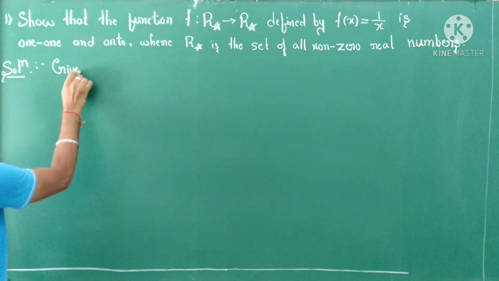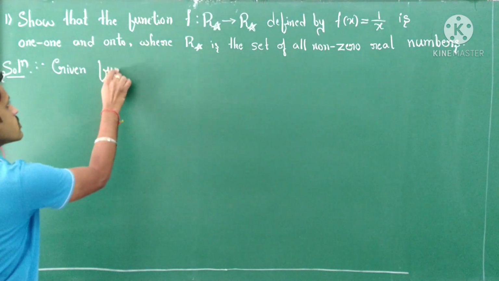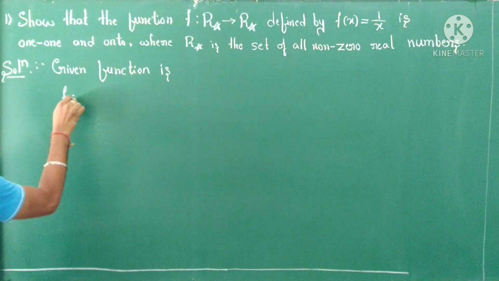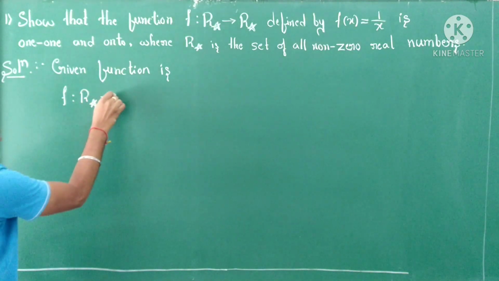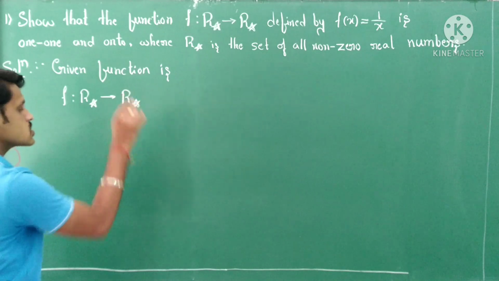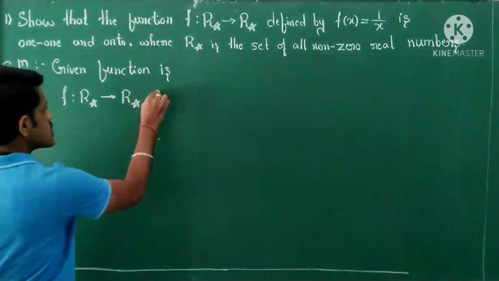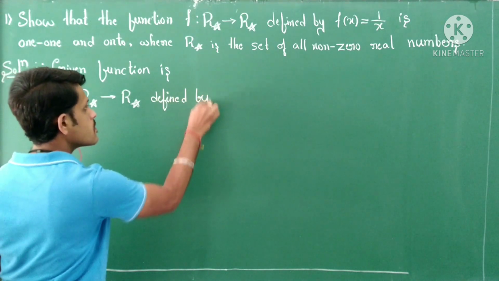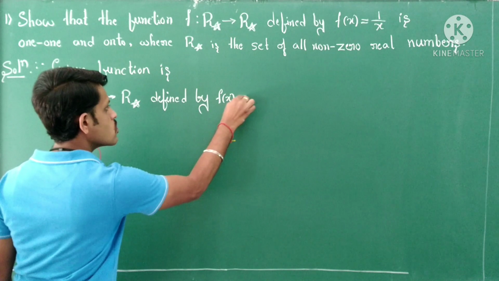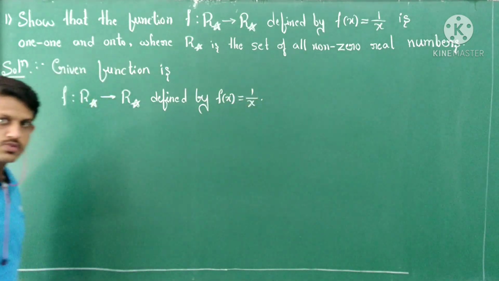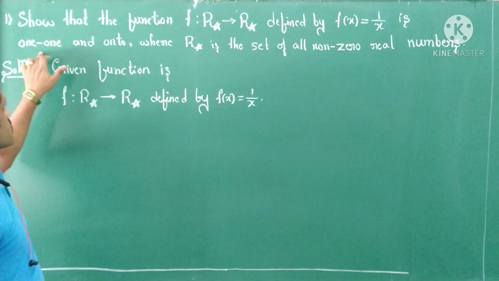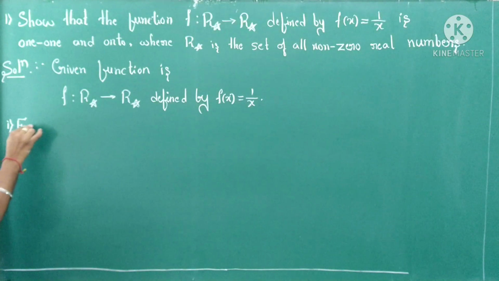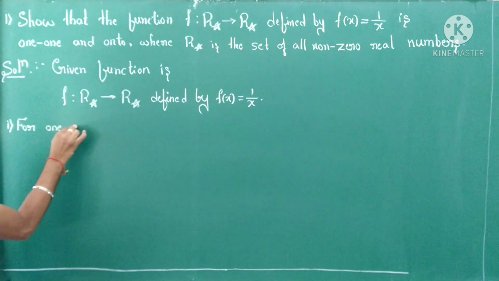Given function is f from R star, non-zero real numbers, to non-zero real numbers, defined by f of x is equal to 1 by x. Now we will go to one-one and onto. Firstly, for one-one.